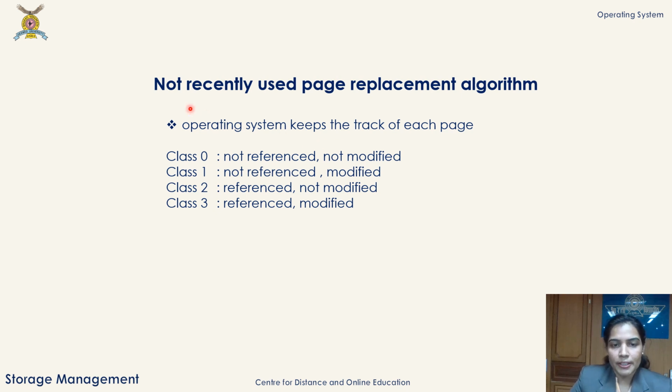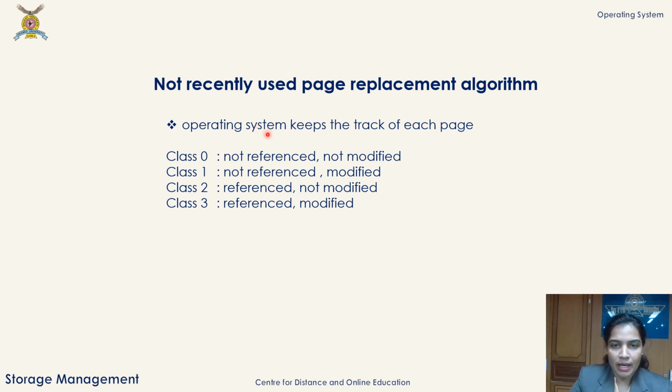The next algorithm is the not recently used page replacement algorithm. Here the operating system keeps track of each page. Each page will keep 2 bits.